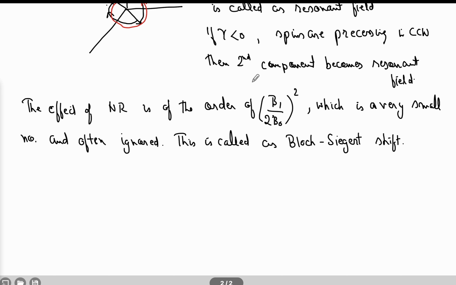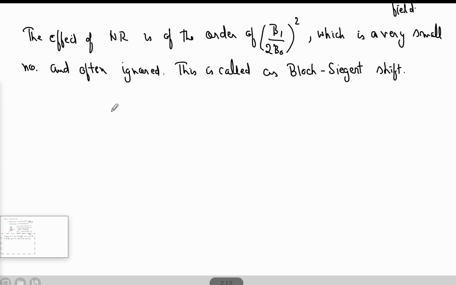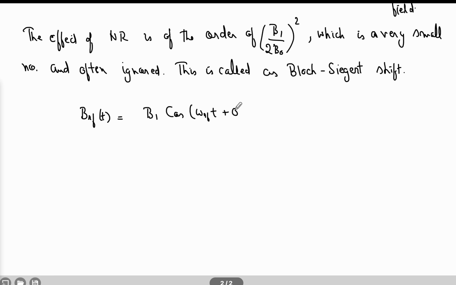But for now, we will ignore the non-resonant part, and then we can thus write the B_RF(t), that is the radio frequency field, as B1 cos(ω_RF t + φ) i plus B1 sin(ω_RF t + φ) j.